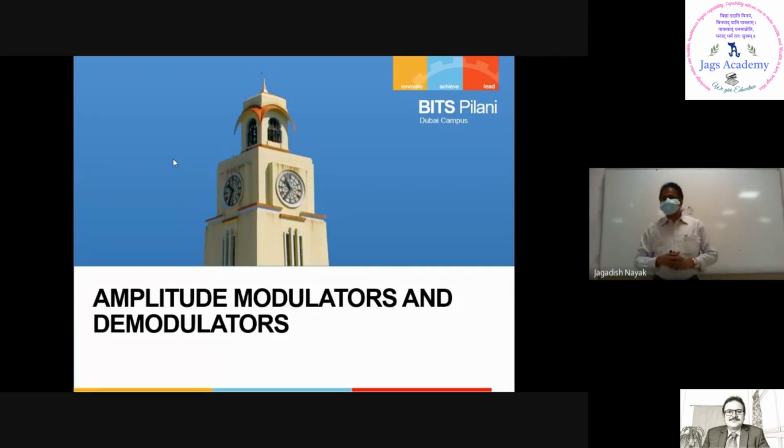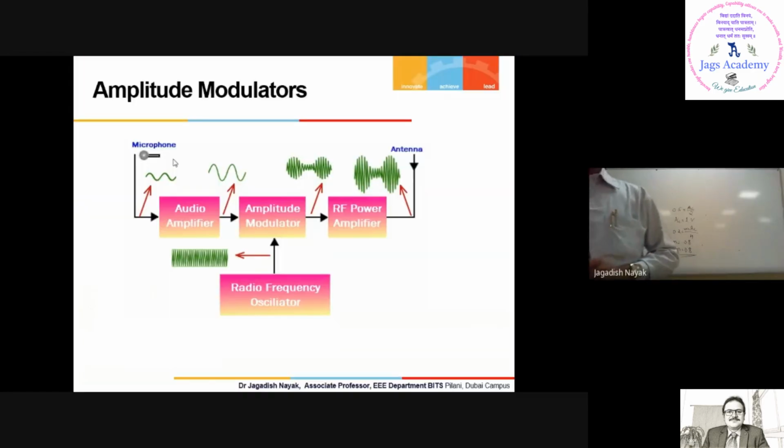Okay, let's see here now. What is this? You have a microphone and there is an audio amplifier there. All of you have done microelectronics last year.